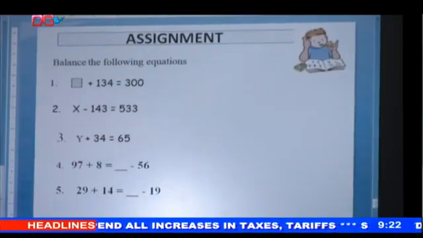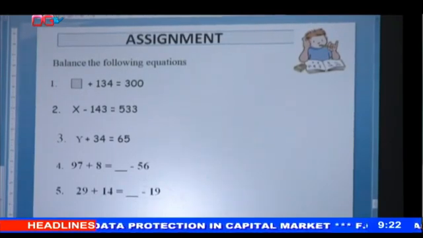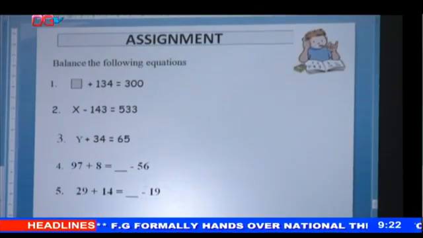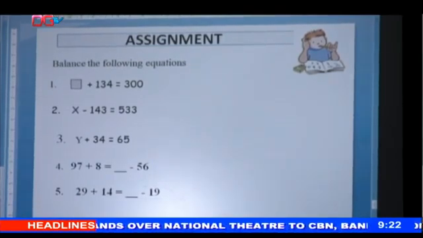Now I will give you this assignment. I want you to solve it on your own. Balance the following equations. The first one, box plus 134 equals 300.